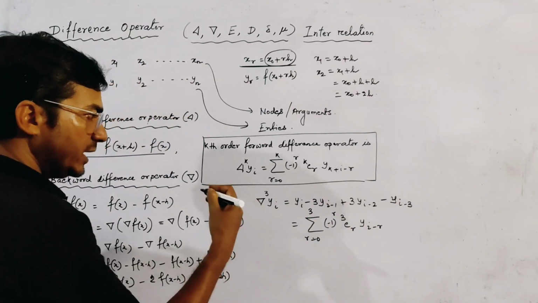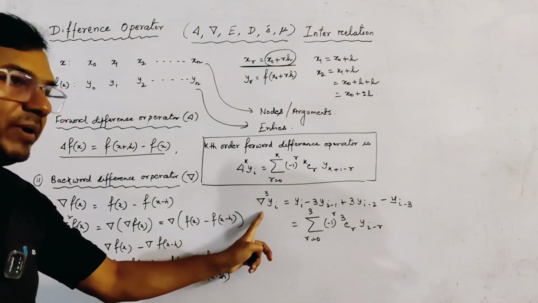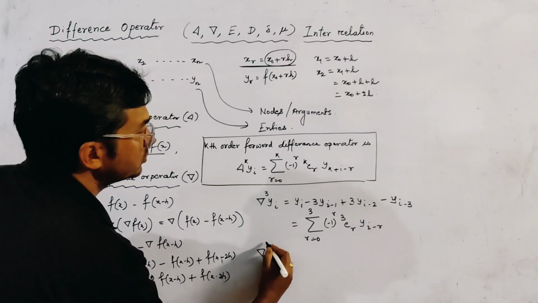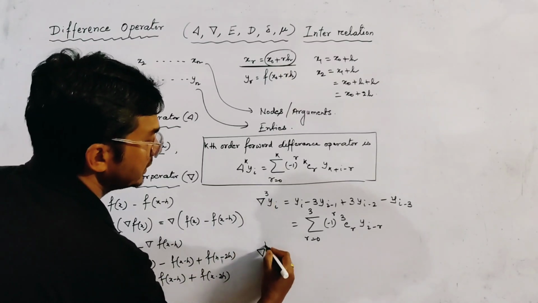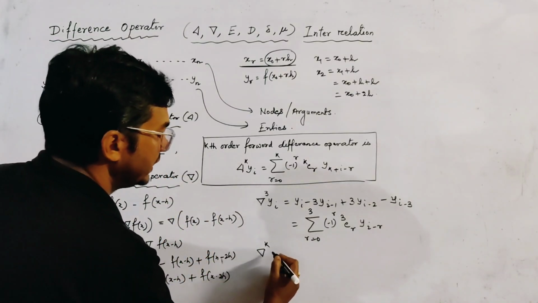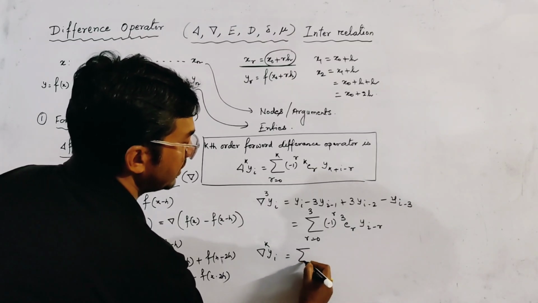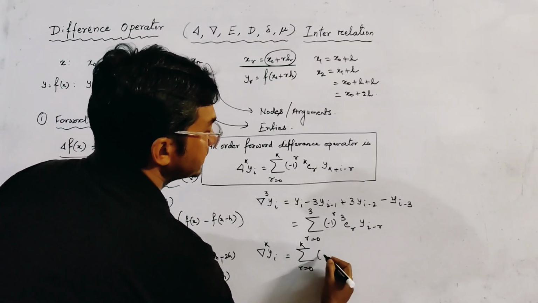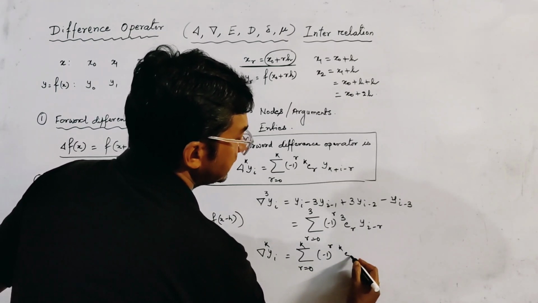So by giving the definition of nth order backward difference, we write here the kth order backward difference. Nabla to the power k yi is given by the summation r equal to 0 to k of minus 1 to the power r, kcr, yi minus r.